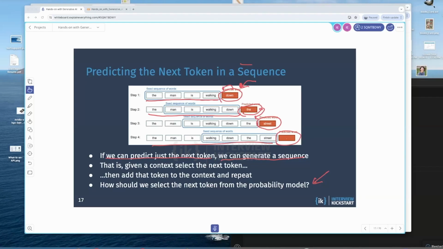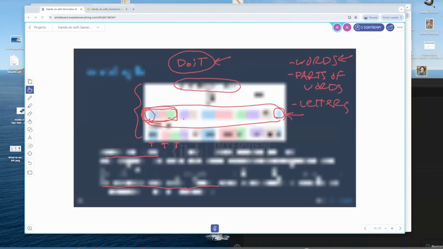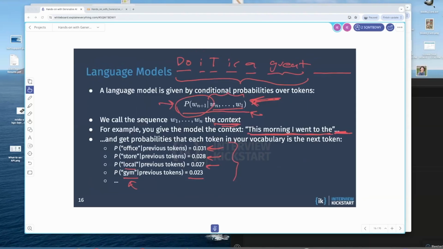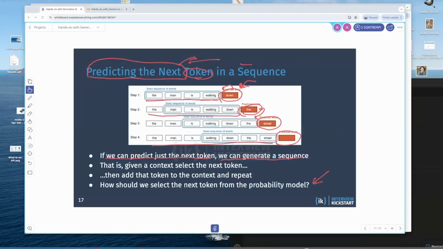When I'm training my model, I might pass this in as a context, try to predict the next word, and then compare that to the actual next word. If I got it right, then my model's accurate; if I got it wrong, then it's not. We're not actually predicting exactly the next word, we're producing probabilities, but you can have more sophisticated measures of whether the actual next word was one that the model said was probable or improbable.